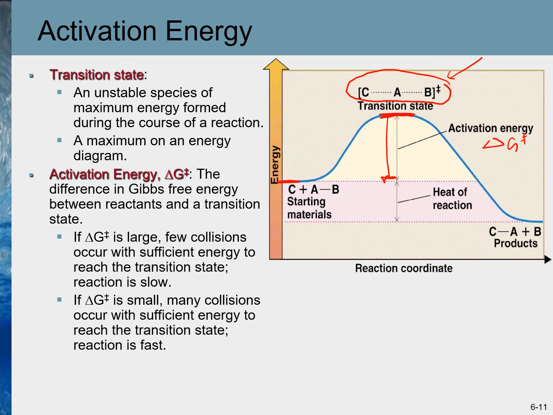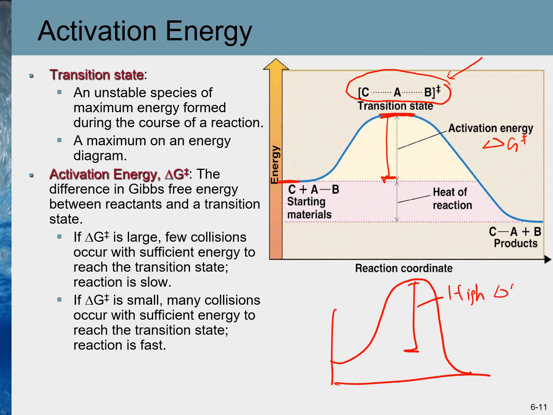But if delta G is small, so for example, if the barrier is large, then very few collisions will be capable enough to cross this barrier.